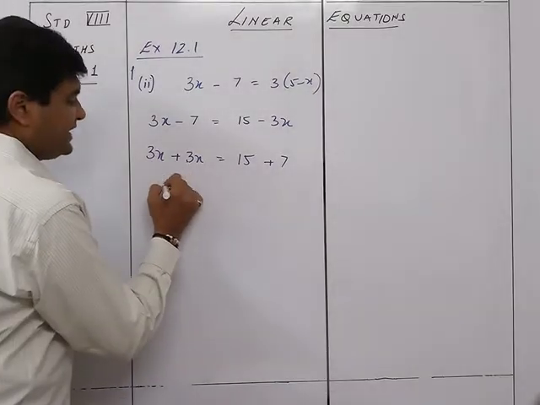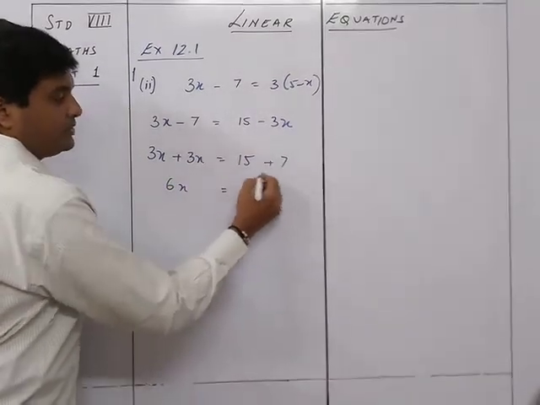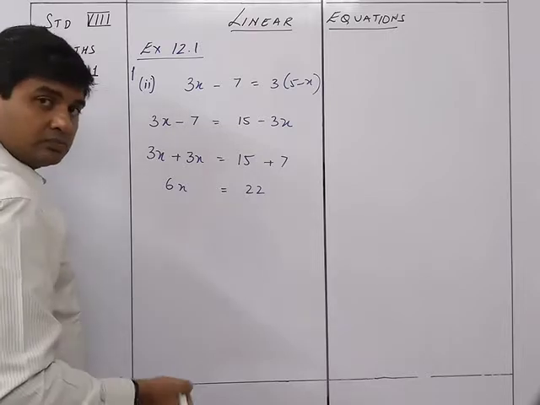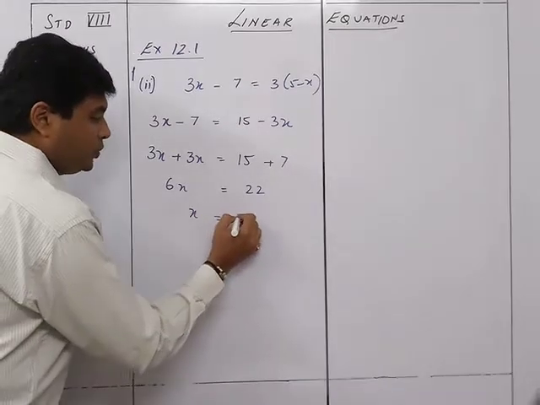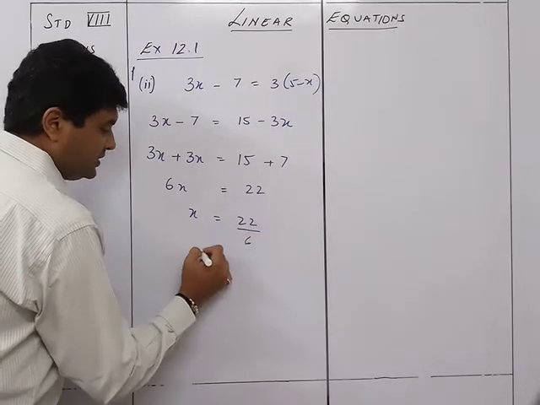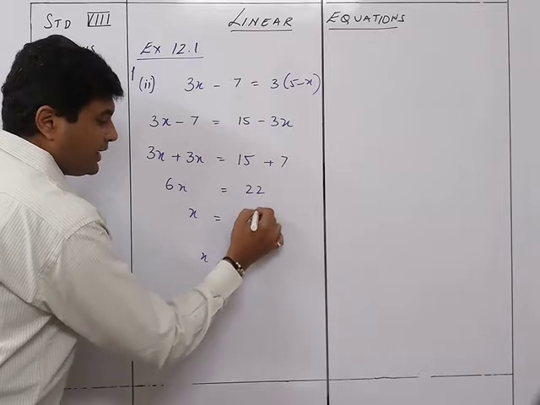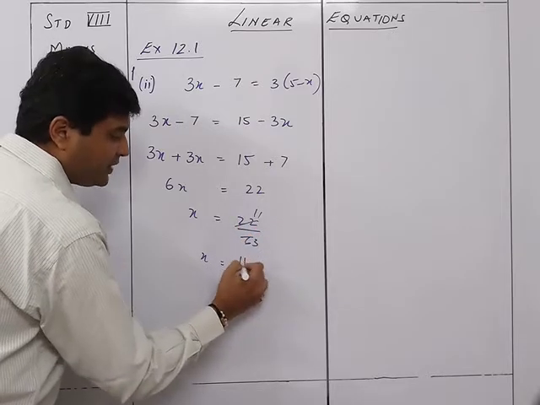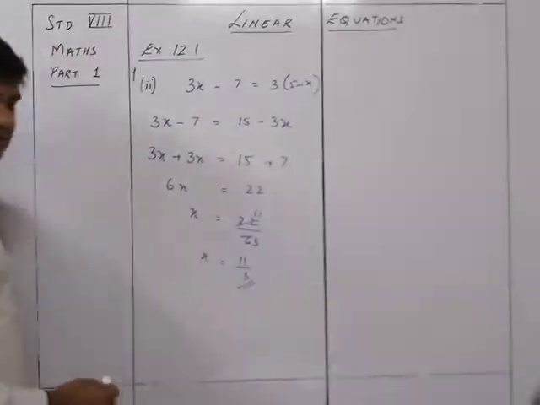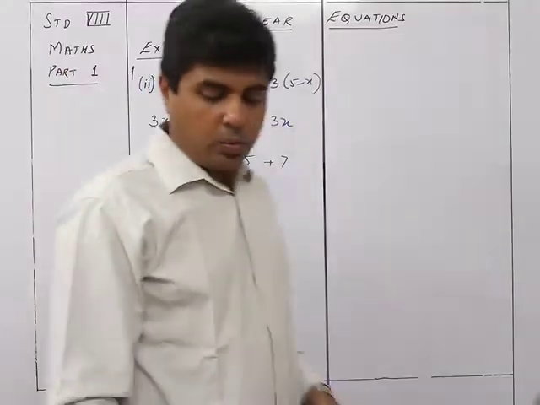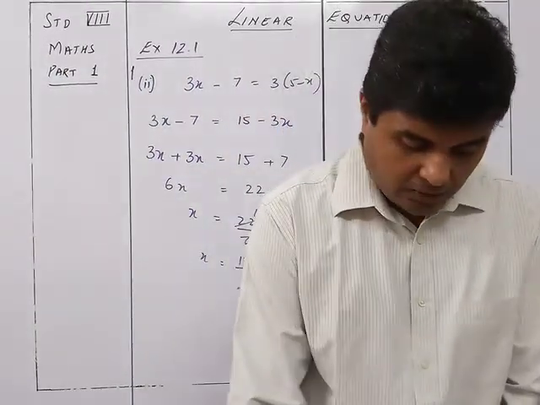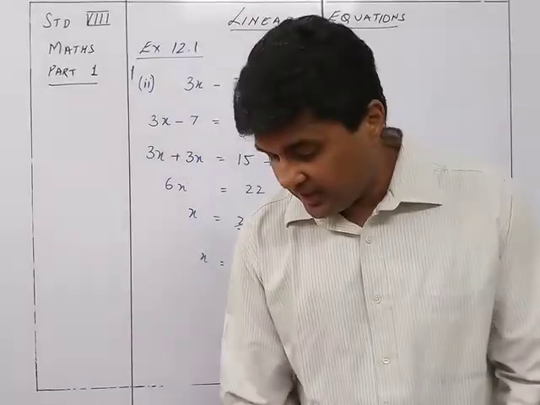So this becomes 6x is equals to, this is 22. Okay, so x will be equal to 22 upon 6. So x is equals to, you can cancel this as 11 upon 3. So the answer for sum number 1 of 12.1 will be given as 11 upon 3.